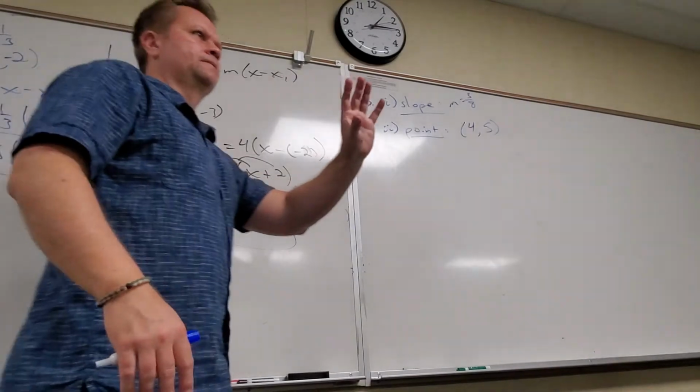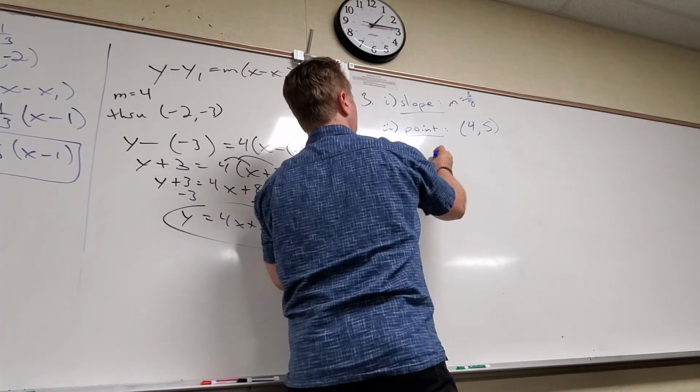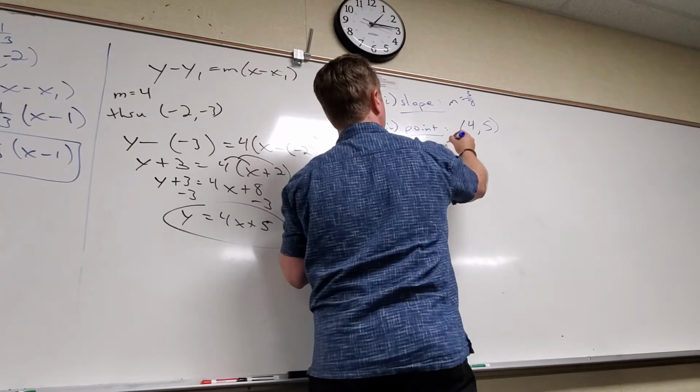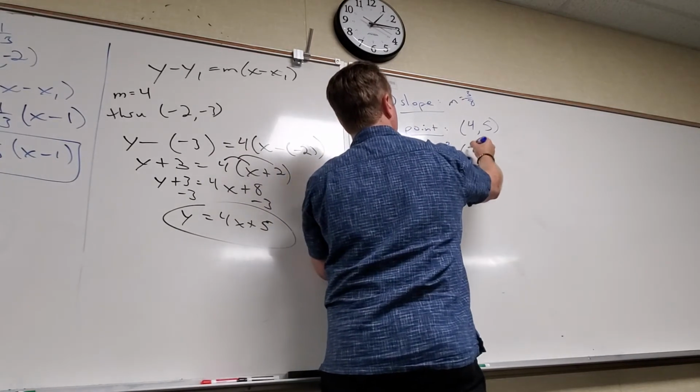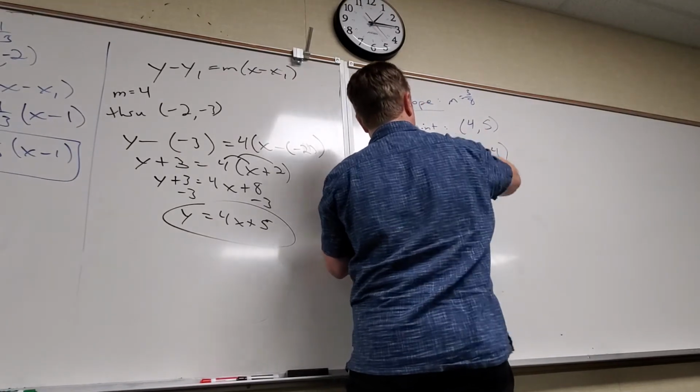So let's see. What do I put in there? y minus 5 equals 3/8 times x minus 4. X piece, y piece.